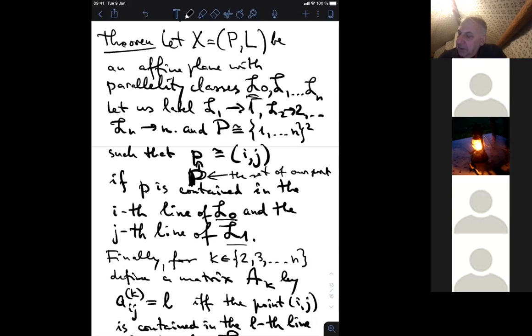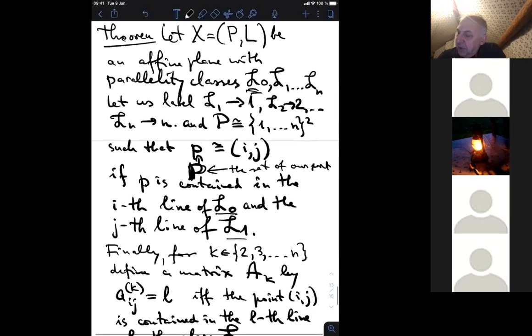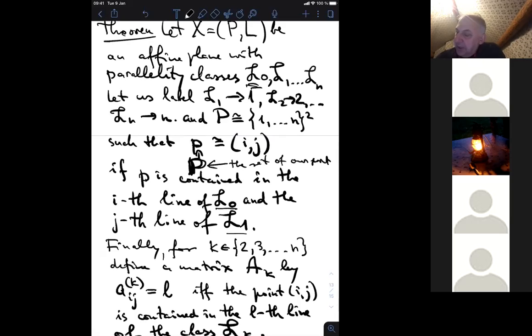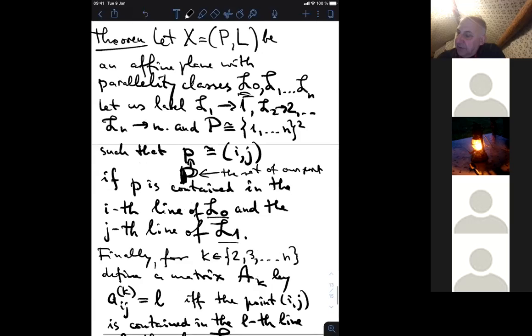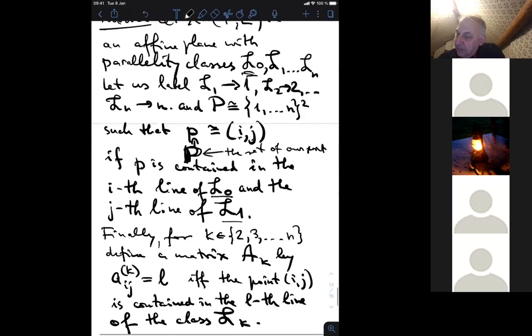And now we know that we have n squared points, and we label points in our set capital P by pairs i and j, which means a point p is contained in a unique line from L0 and in a unique line from L1. And these are the indices of the lines from L0 and L1 in which our point is contained.